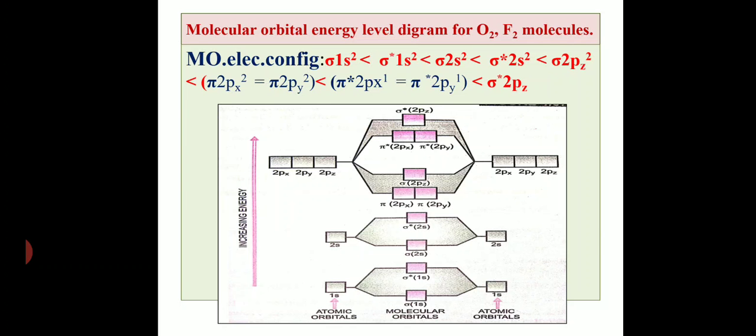Here sigma 2pz will have lesser energy than pi 2px and pi 2py. That's the difference. This is experimentally proved only for oxygen and fluorine molecules, right?